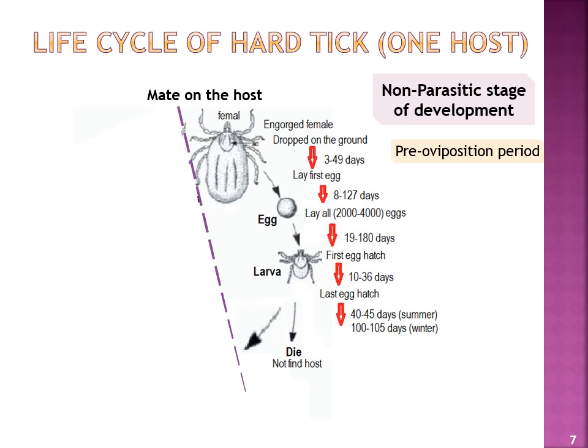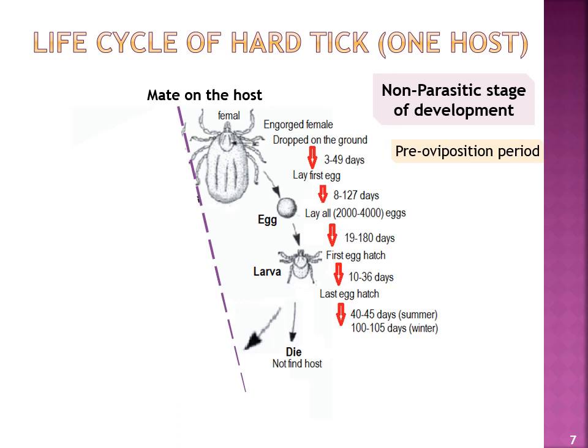Actually, the temperature is a key determinant of how long the life cycle will be. For example, if the temperature is high, the stage of the life cycle is fast, and the cooler the temperature, the longer the life cycle.